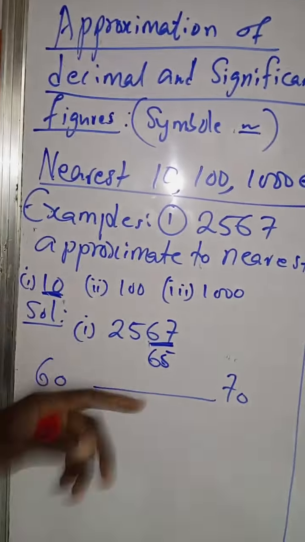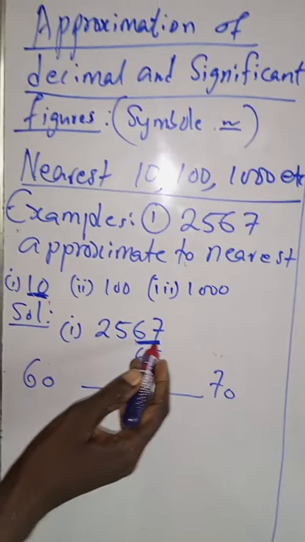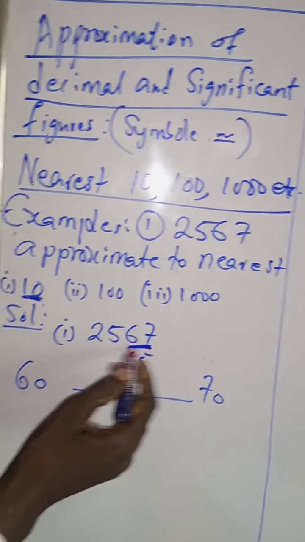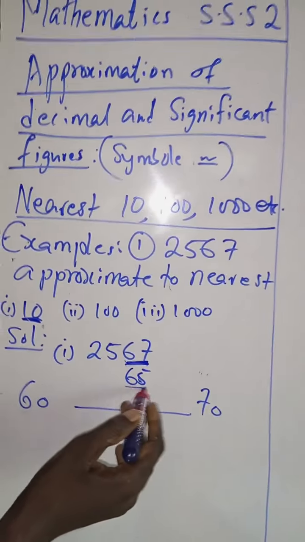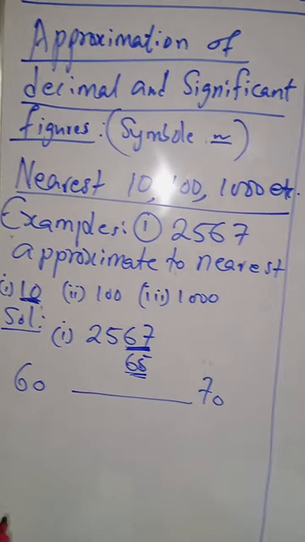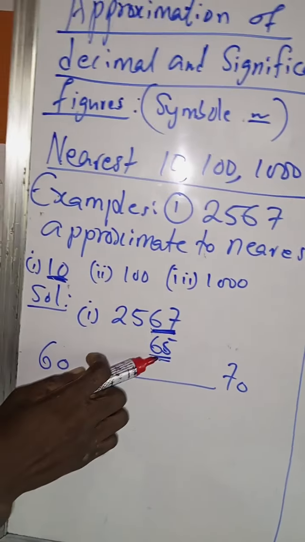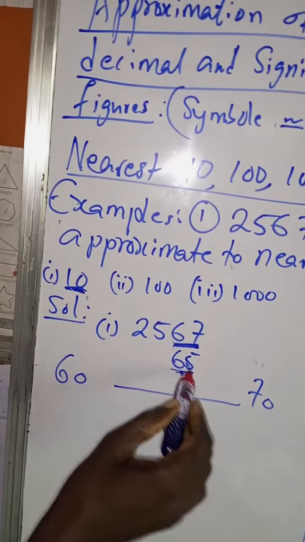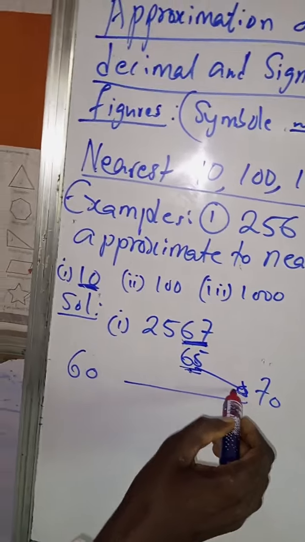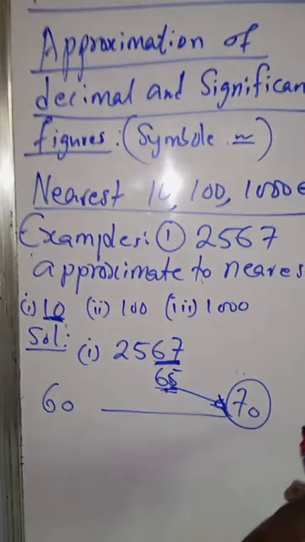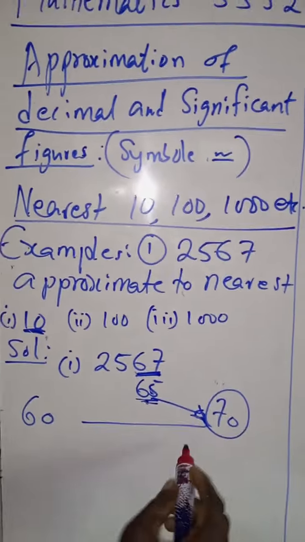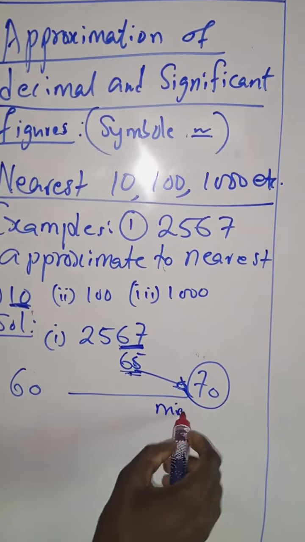I now compare the last two digits with the middle. The middle is 65. 67 is up to 65, so I move to the upper end, the maximum.